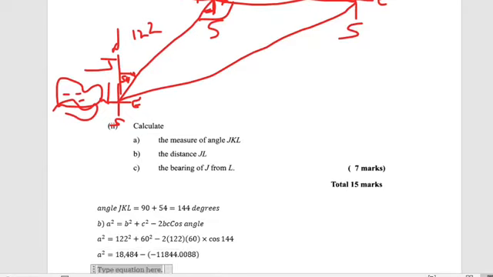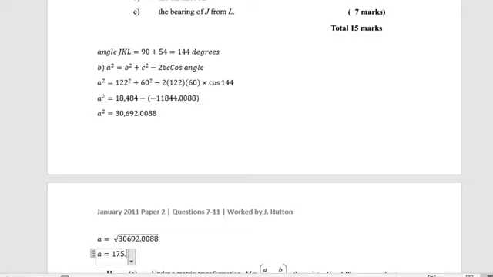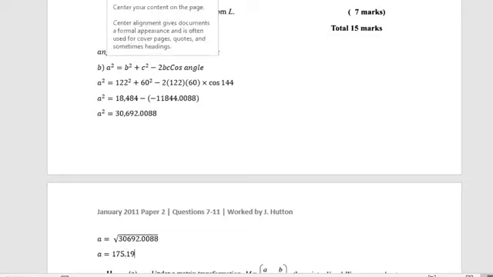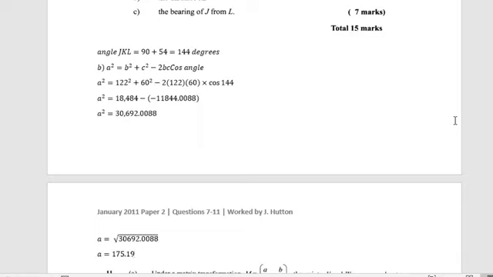And now basically what we're saying is a is equal to the square root of that, which is 3692.0088. And what you get is a being 175.19, and that is our answer for the distance JL. So JL, the distance, will be 175.19 kilometers.